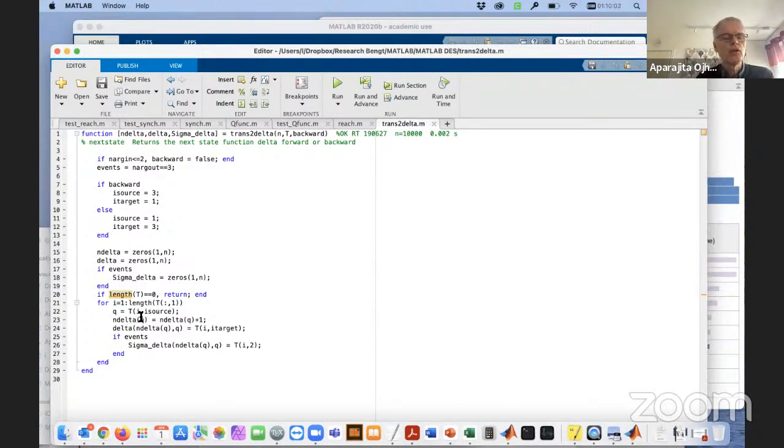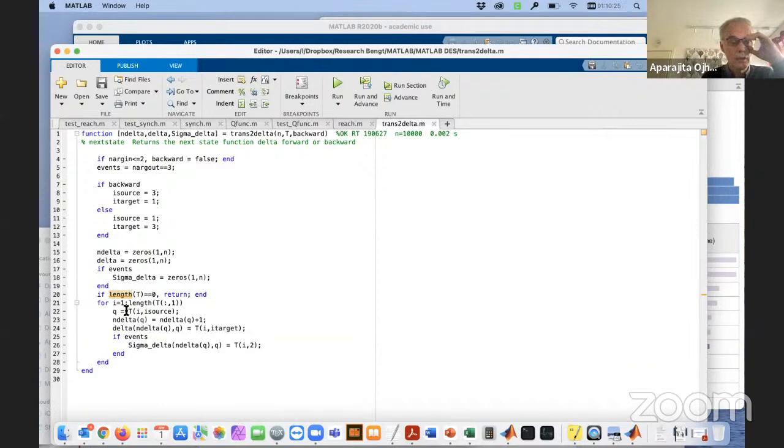So I say that the source, if I go forward, is 1 and the target is 3. As I said, the first element on every row is the source state, and the third element is the target state.